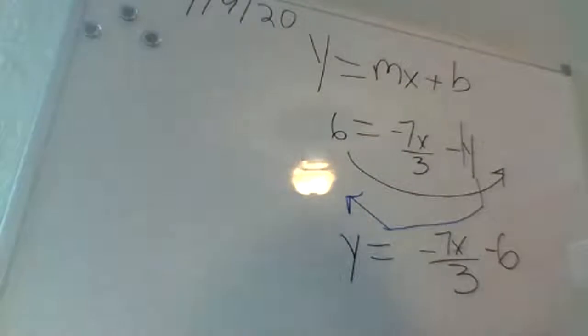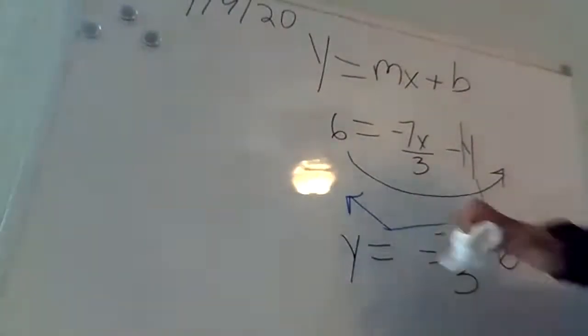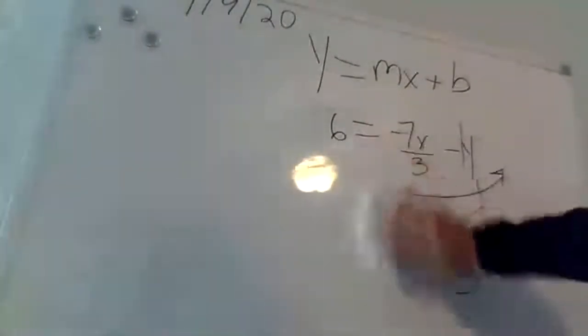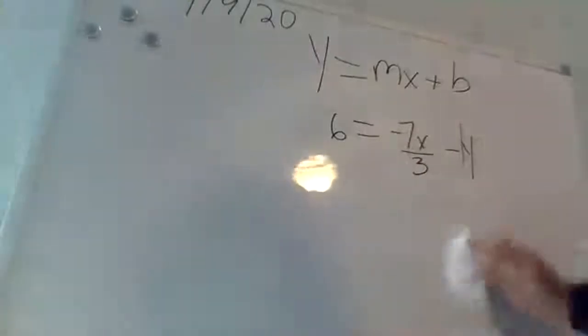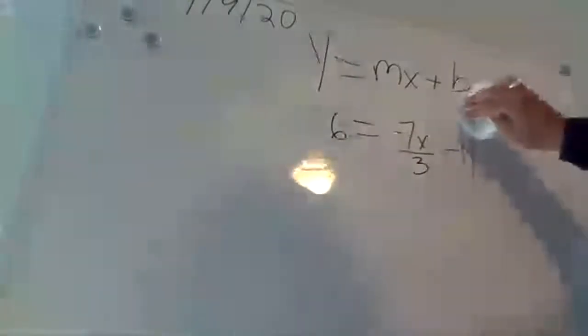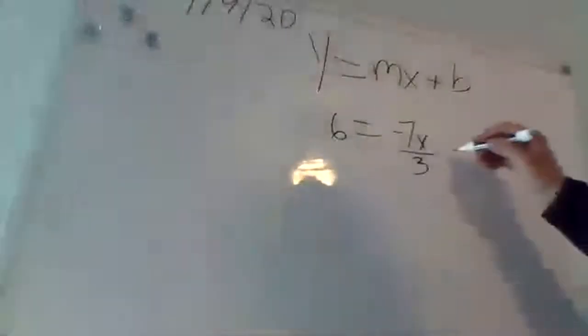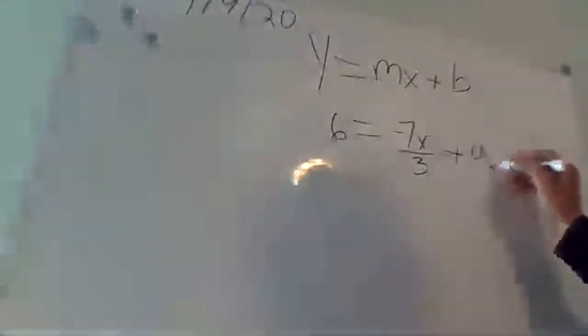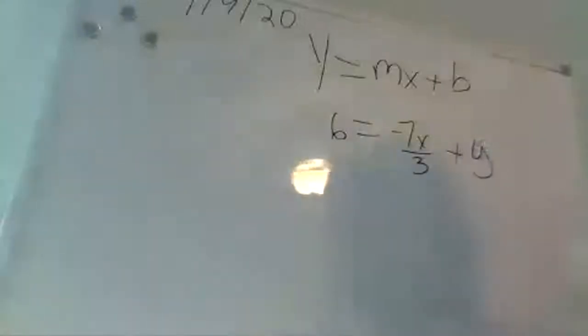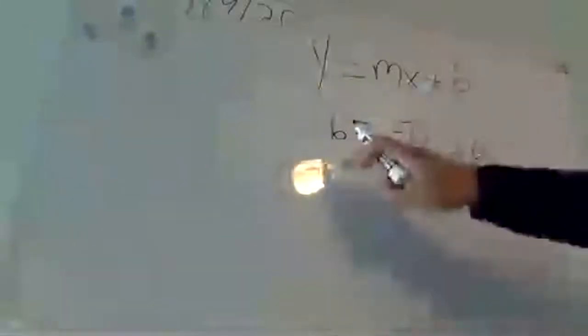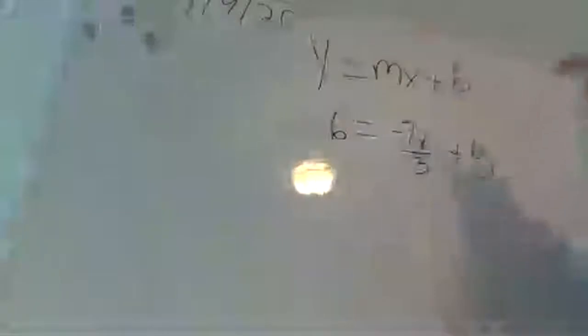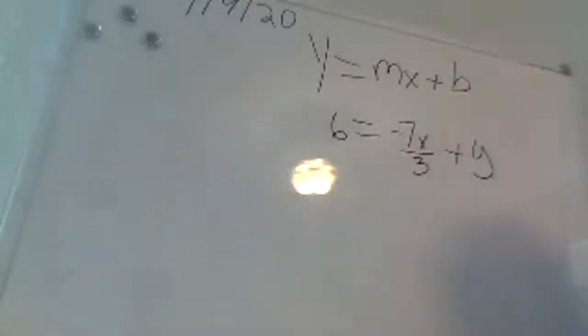Now, let's take that same problem, because I know not everybody can see, and let's change one thing about it to see how comfortable we are. So instead of a negative 1y, let's say it's plus y. So it'd be 6 equals negative 7/3 x plus y. How is that going to change the whole thing?